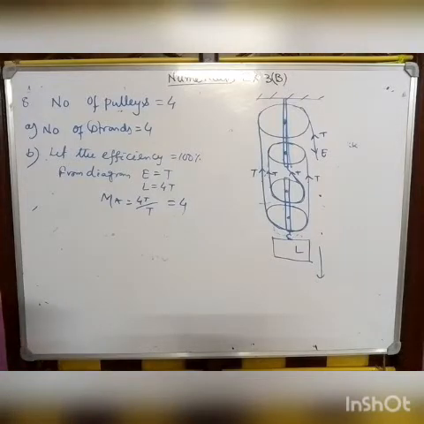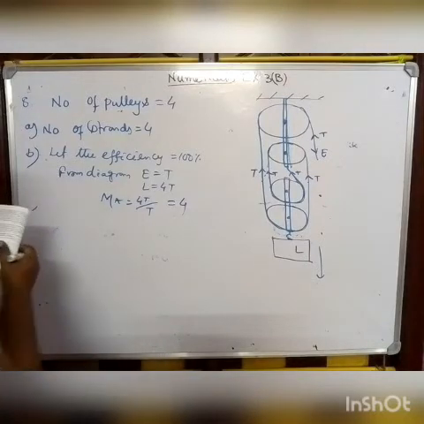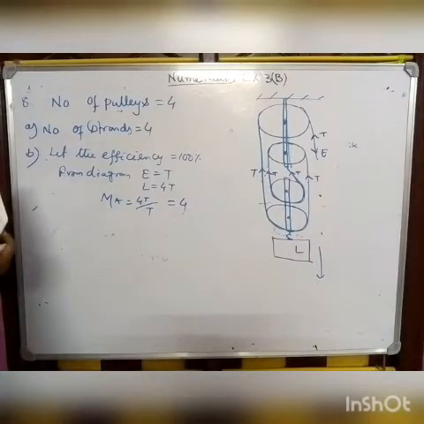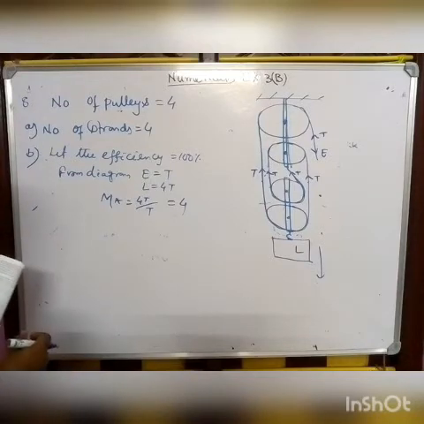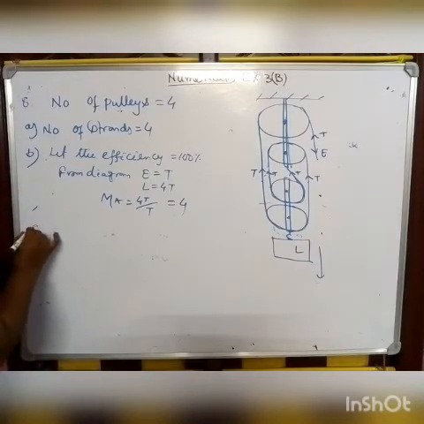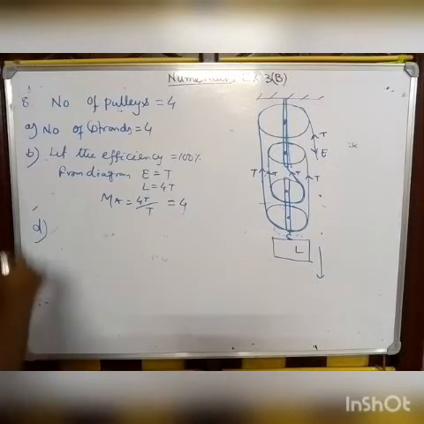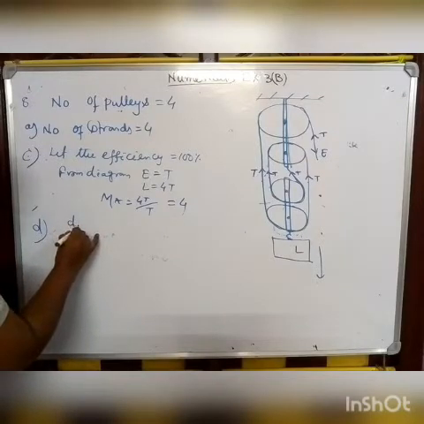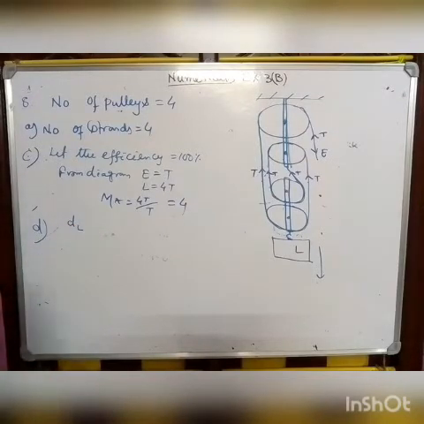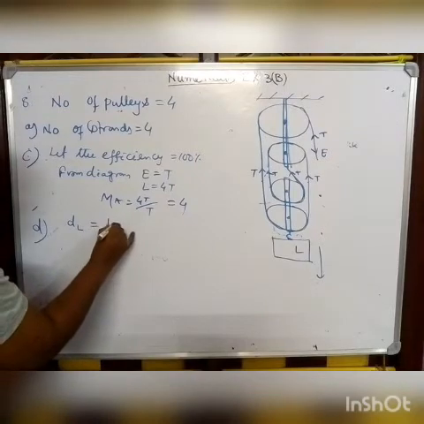When the load is pulled up by a distance of 1 meter, how far does the effort end move? It is told if the load is pulled up by a distance of 1 meter, how far does the effort move? So question number D. So it is question number C. Question number D is told that displacement by load, denoted by DL, is 1 meter.